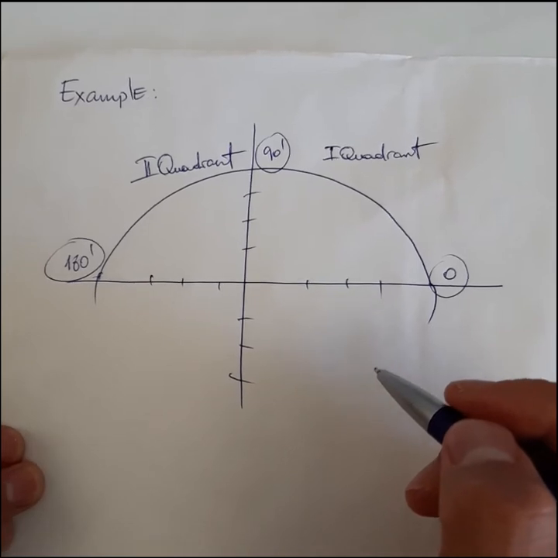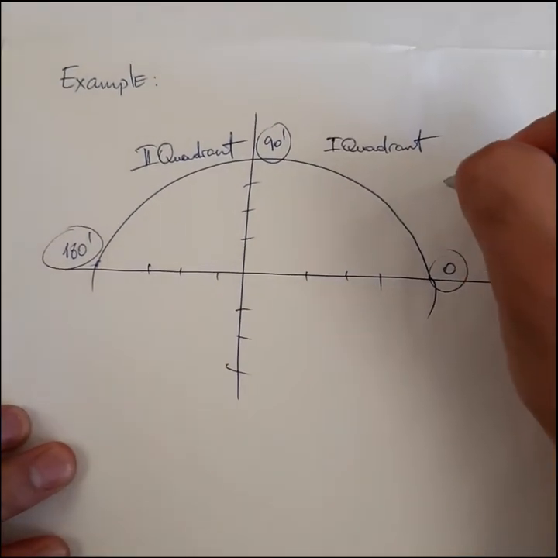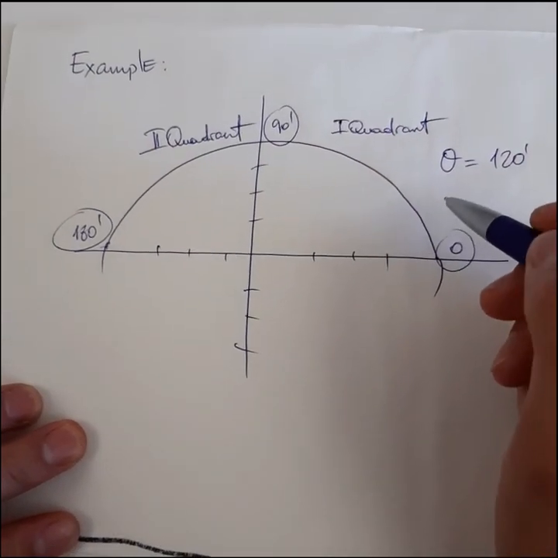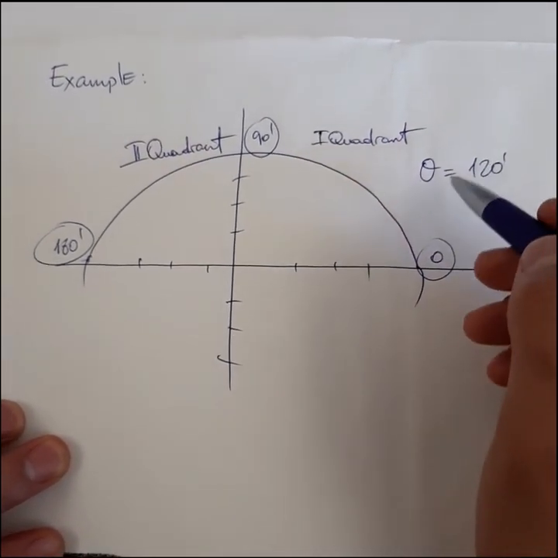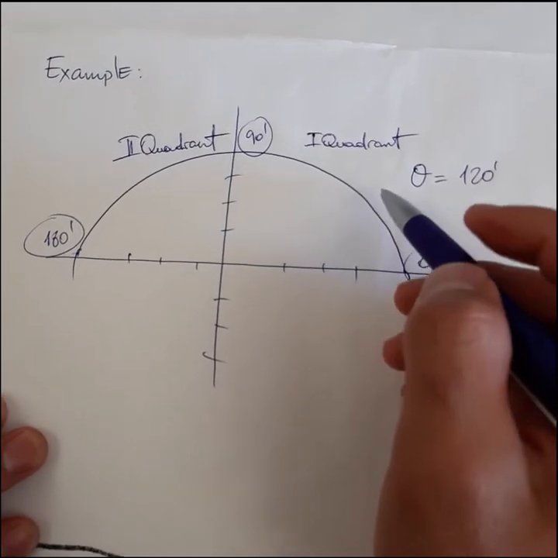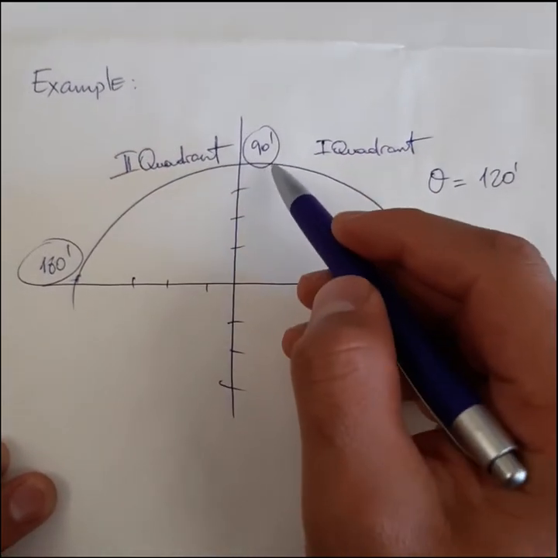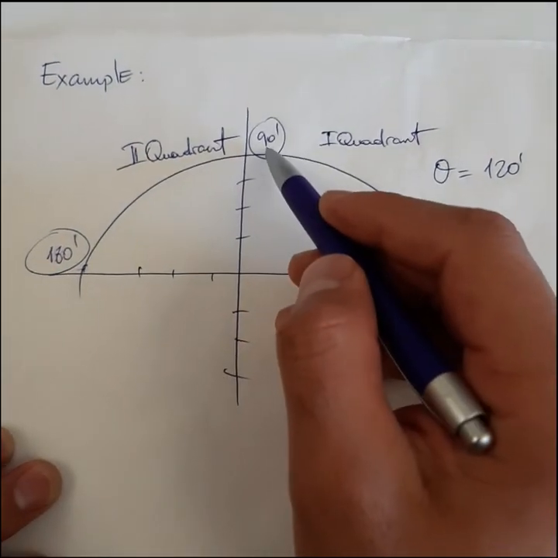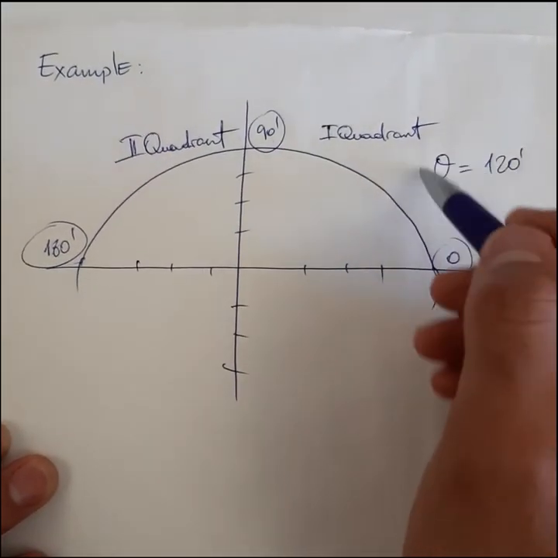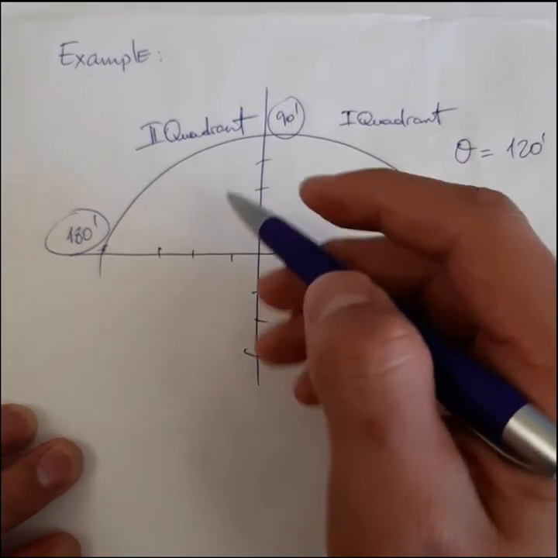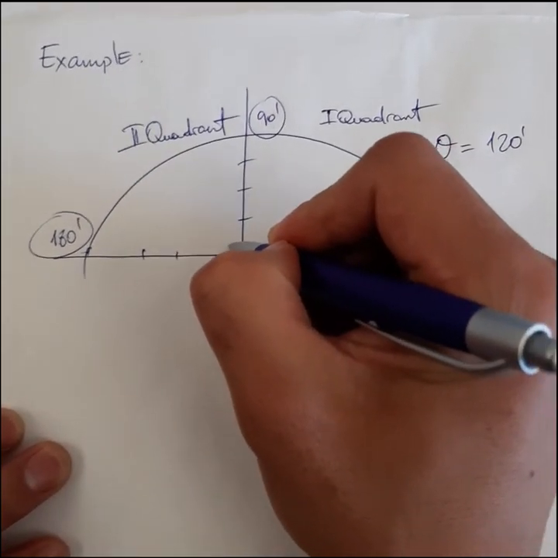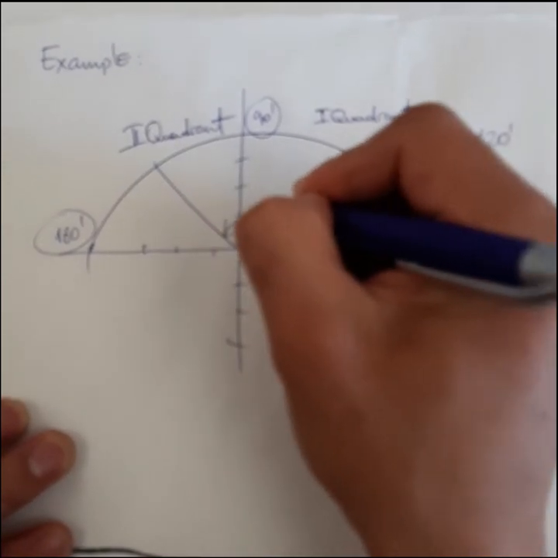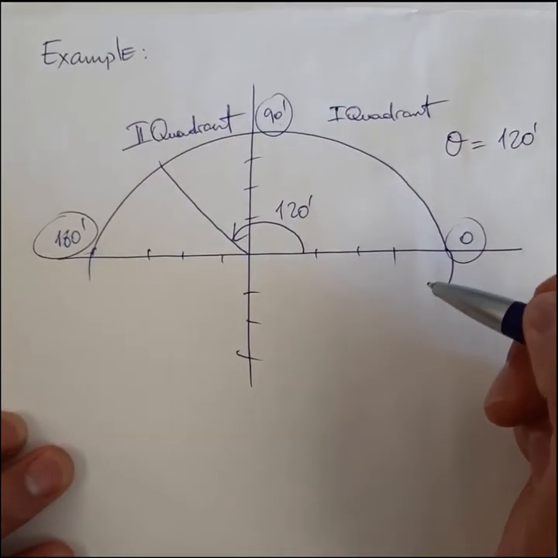In the next example, I will show you, for example, theta given as 120 degrees. First you have to show this angle on the unit circle. It's less than 180 degrees but bigger than 90 degrees, so it's in the second quadrant, approximately here, and all this angle will be 120 degrees.